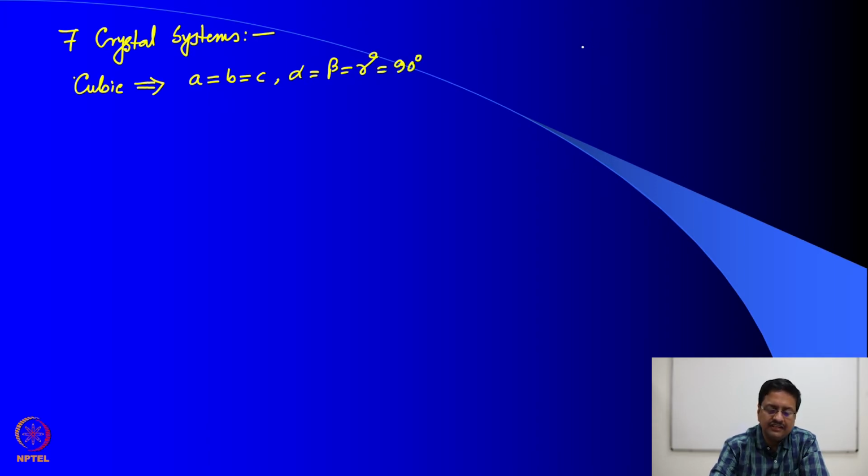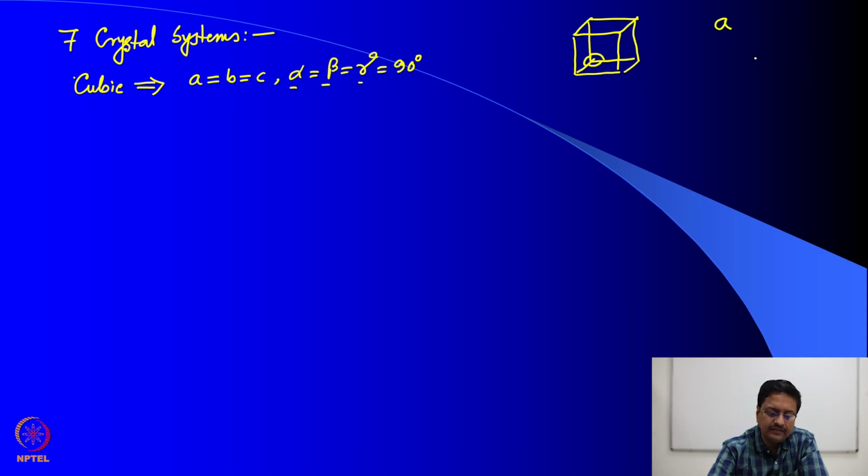This A, B, C mean the edge lengths of a cube, and these angles alpha, beta, gamma are the angles between x and y, x, y and z, z and x, and this should be understood in this way.